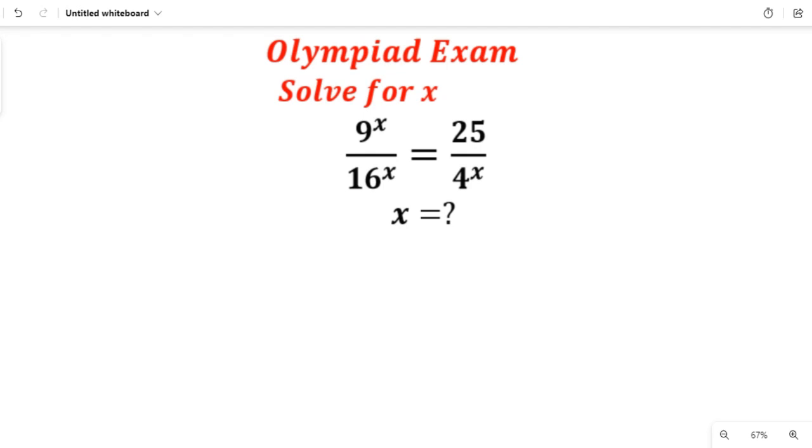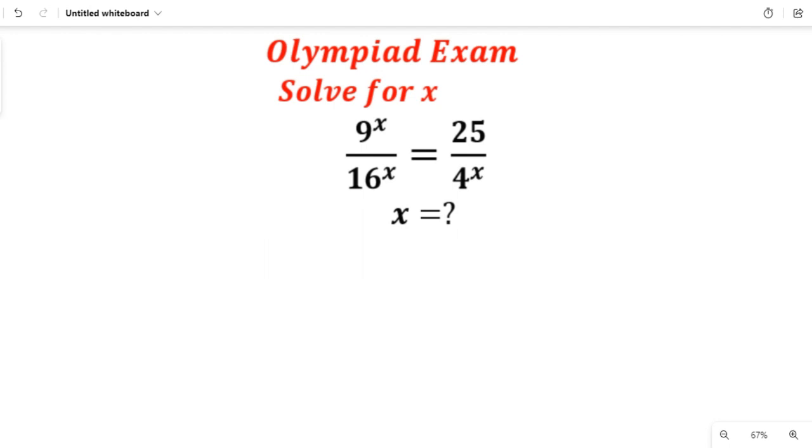Whenever you are given any question that has to do with fractions, the first thing that should come to your mind, since there is a fraction on the left-hand side and the right-hand side held with an equal sign, is the need to cross multiply. So let's cross multiply.